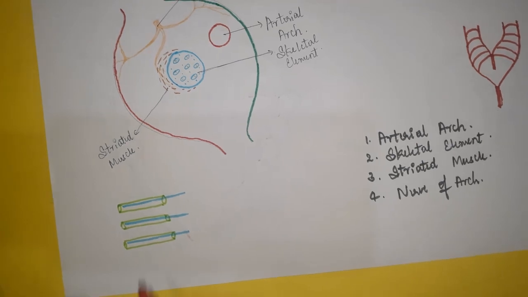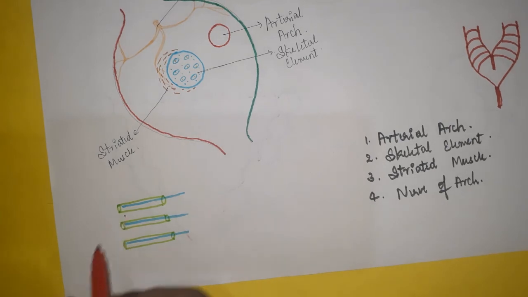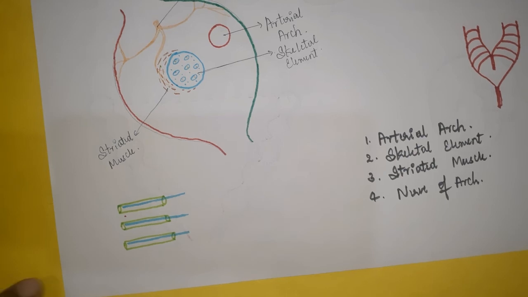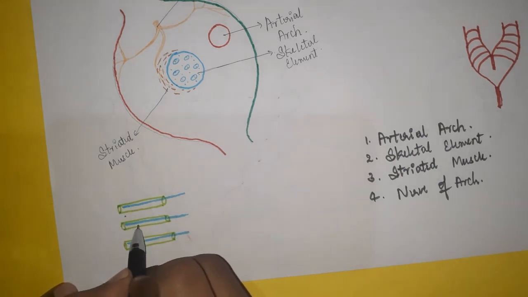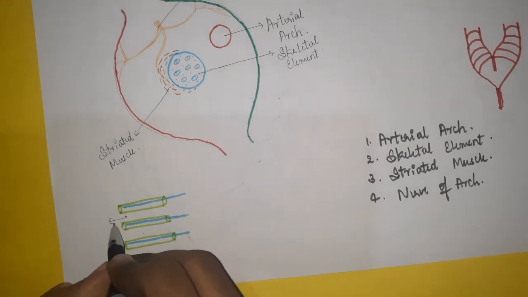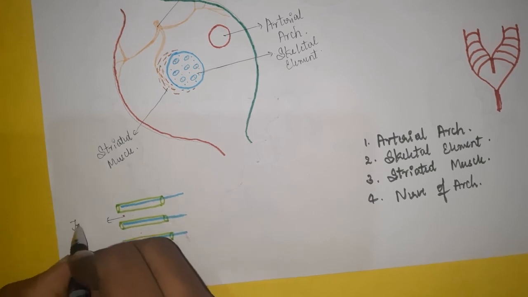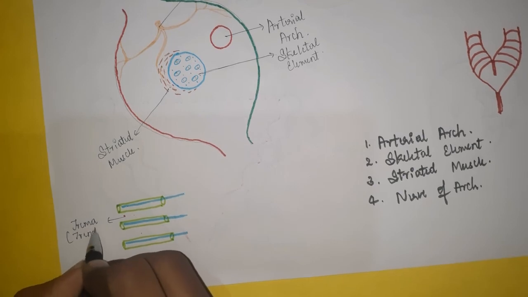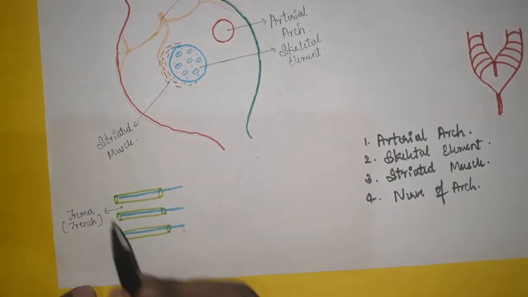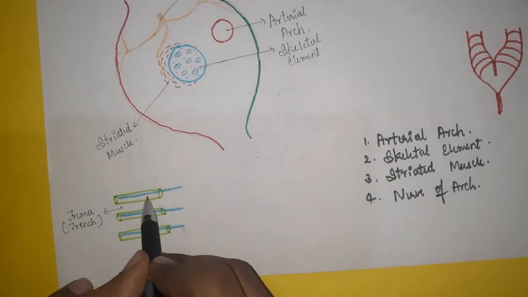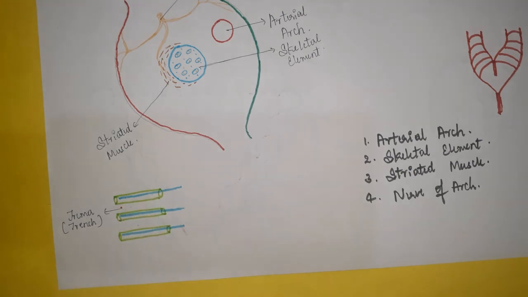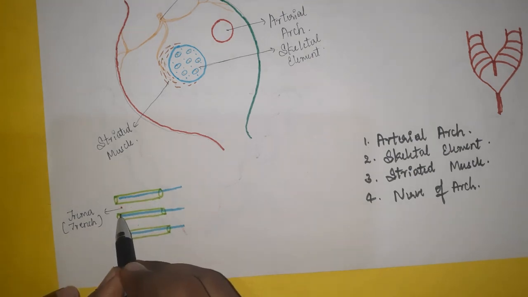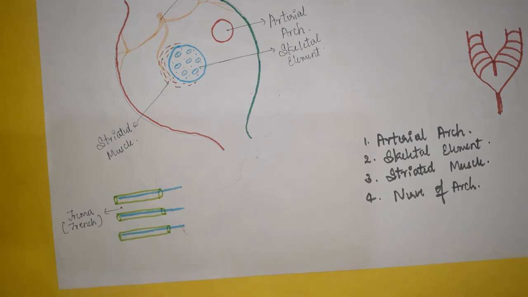This appears like a trench. We call it trema. Trema means trench. This is an arch, this is a trench, this is an arch, this is a trench. Trench means depression, simple. See, this area is the pretrematic area, and this area is post-trematic.